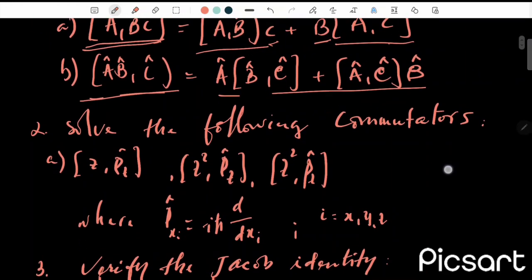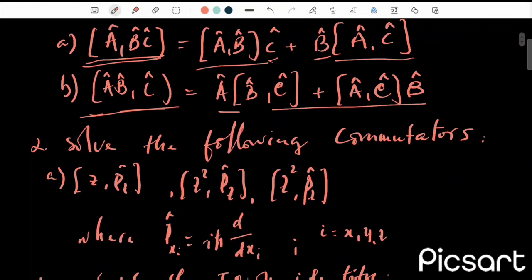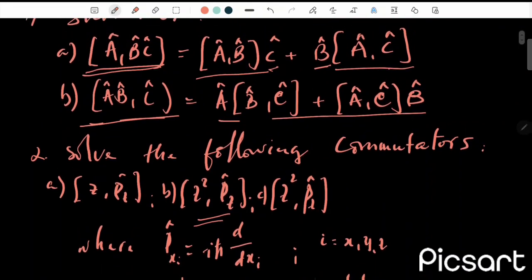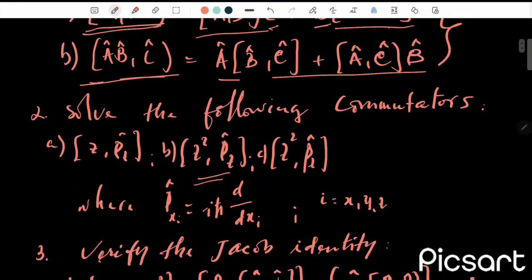For the second exercise we will try to solve these three, where here we have B and here we have C. As we can see, we can apply directly the same procedures, and we can use these two identities to solve these exercises.